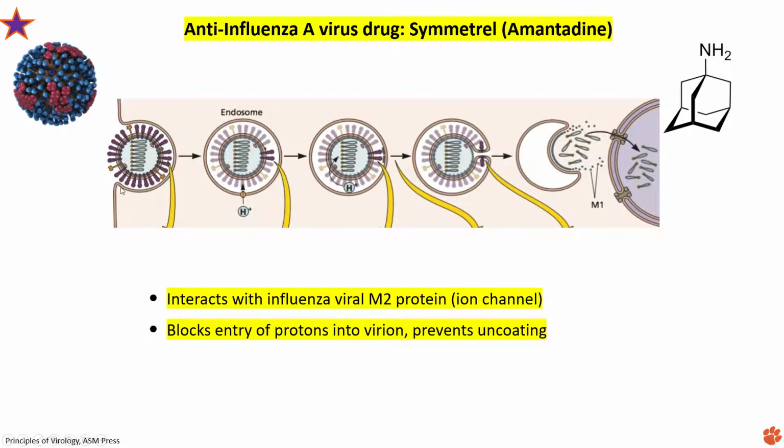Here, the influenza virus is taken into the endosome, and the vacuolar ATPases on the membrane pump H+ ions into the endosomal space. Then there is the M2 protein, an ion channel present on the membrane of the viral envelope, through which the protons from the acidic endosome get inside the virus.